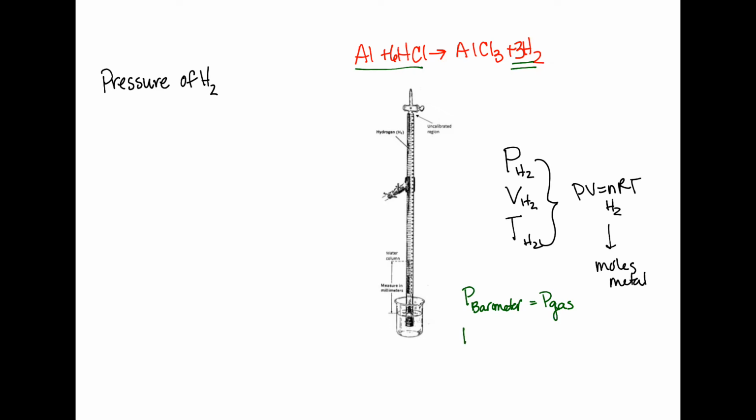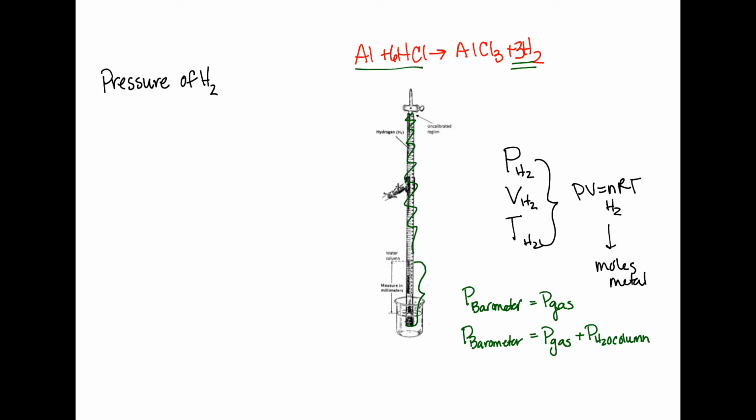In that case, the pressure of the barometer is higher than the pressure of the gas, and it's equal to the pressure of the gas inside plus the pressure of this water column. So it's the pressure of all this gas plus how much pressure that water is exerting.